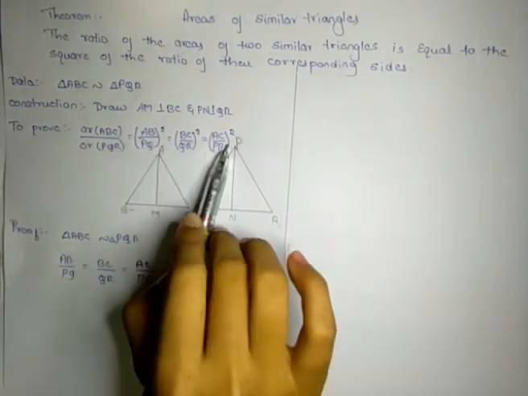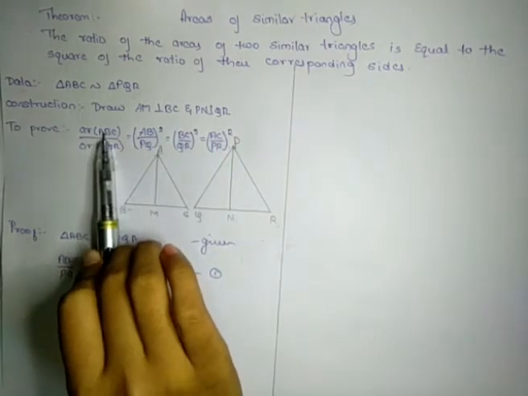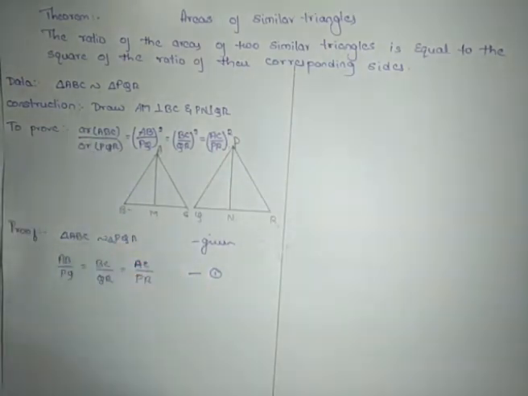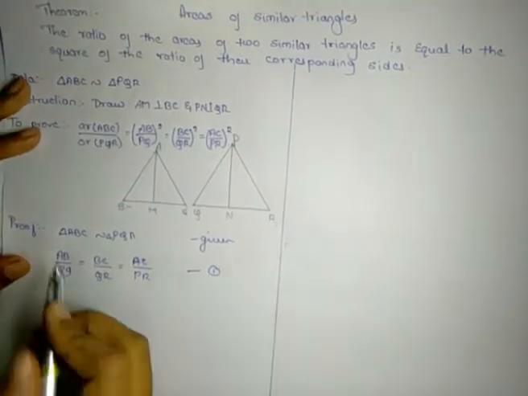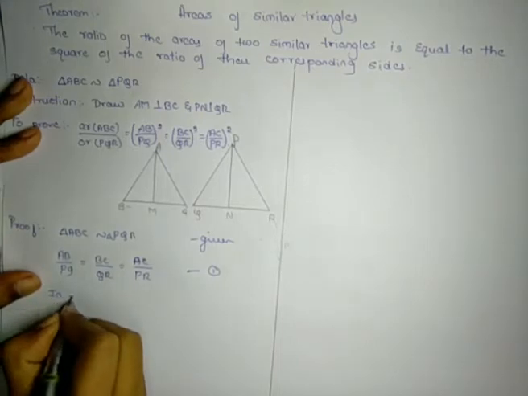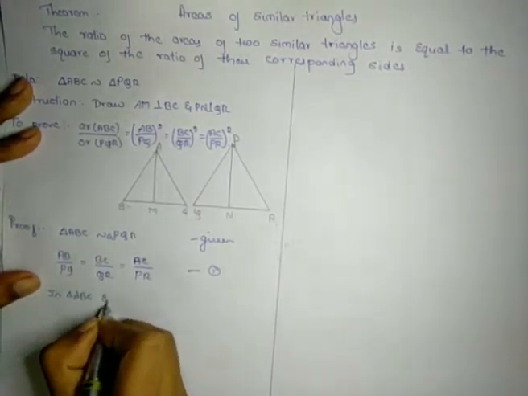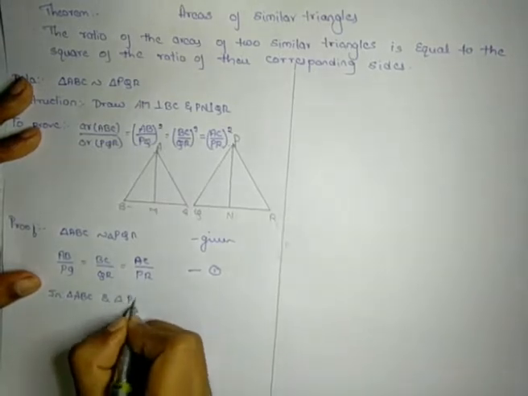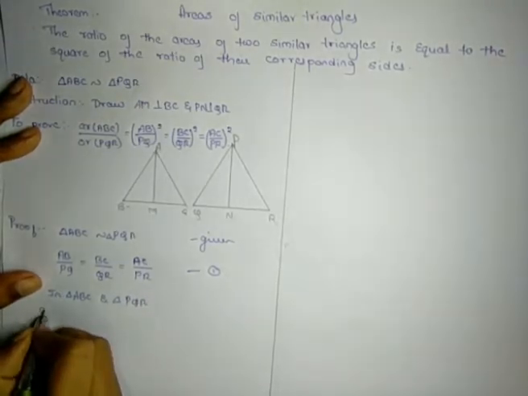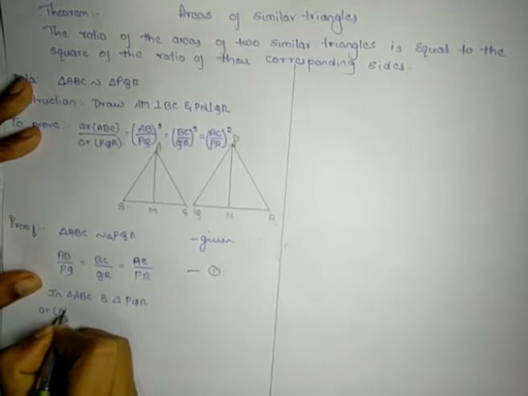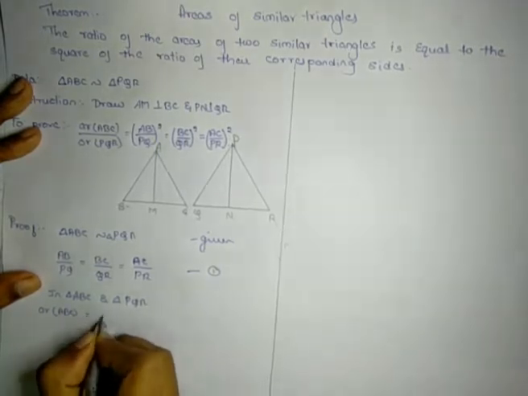To prove the right hand side, we require the areas, isn't it? So now we'll find the areas of these two triangles using the basic formula, that is half into base into height. In triangle ABC, the area of triangle ABC is equal to what?